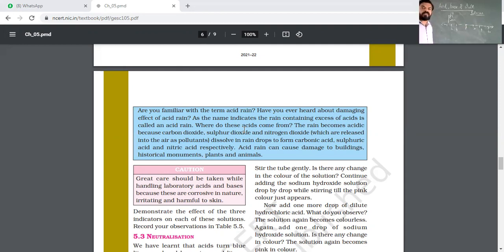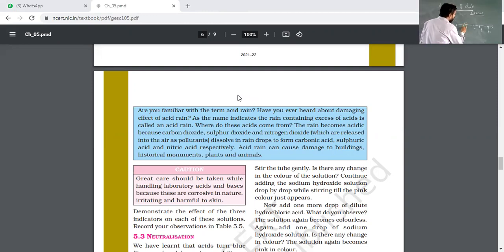When you add the pH paper into the material, see here are the colors, and the colors are given against the numbers. That color will give you the idea of whether the substance is acid, base, or neutral.